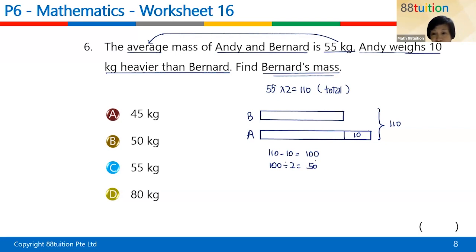Okay? So far, so good or not? Okay, Priya, are you catching up? Yeah. Good. Okay, let me check. Another way is 55 minus 10 divided by 2. That's more complicated. You next time must put it online, go to the portal.